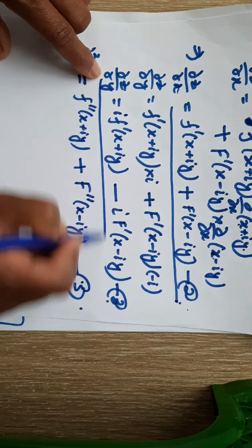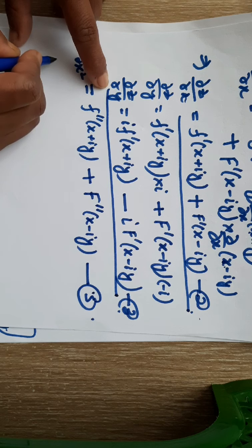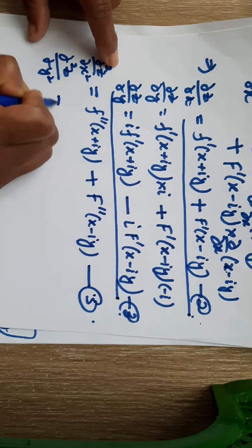Next, you differentiate this equation 3 again now with respect to y. Then what you will get from here is ∂²z/∂y².